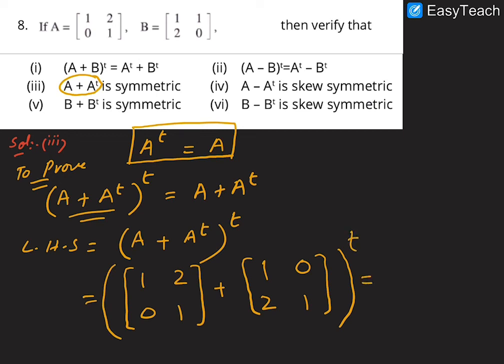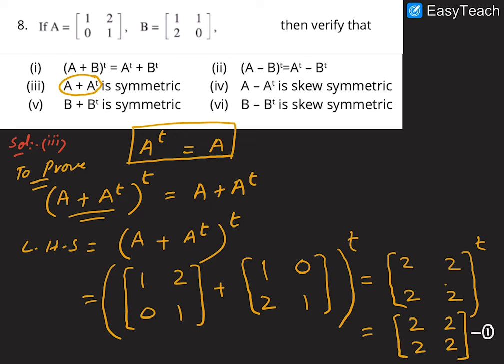So what will it be? 1 plus 1 will be 2, 2 plus 0 will be 2, 0 plus 2 will be 2, 1 plus 1 will be 2. So the transpose of this will be 2, 2, 2, 2, which is the same. This is the answer of the left hand side, which is equation 1.